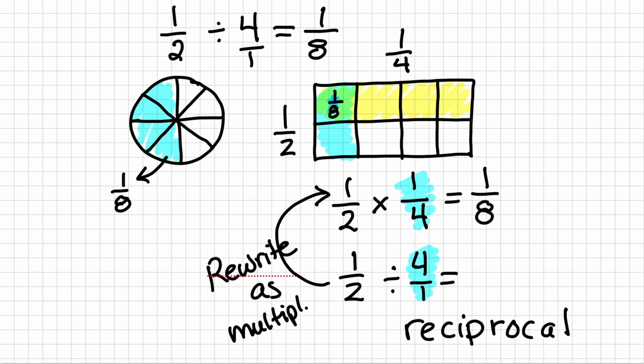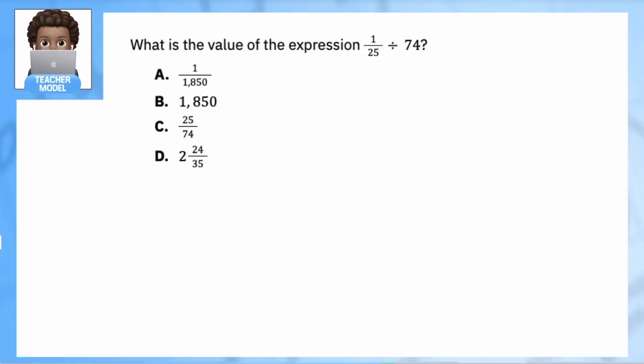And that's all we're doing, we're inverting it. We're flipping it over. So what we're going to do in today's problem is when we have to divide by a whole number, we're going to flip it. That's the only way that we can get that number when we divide a fraction. So let's look at our first example.